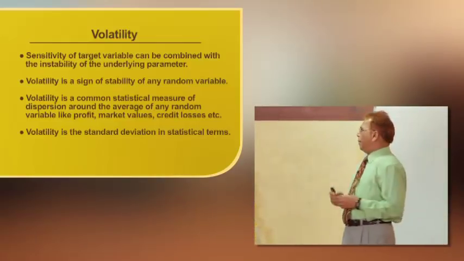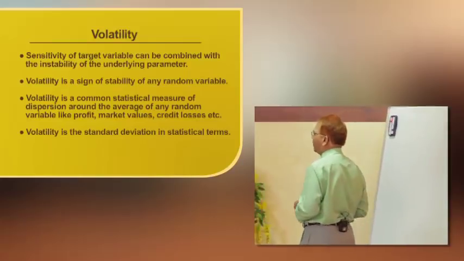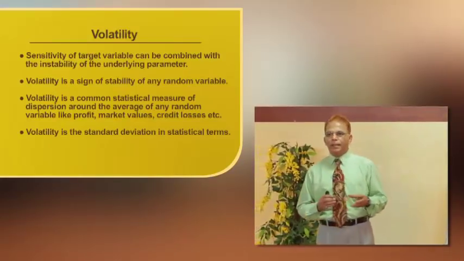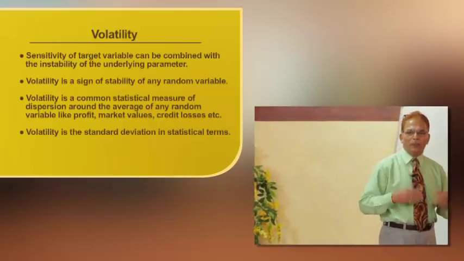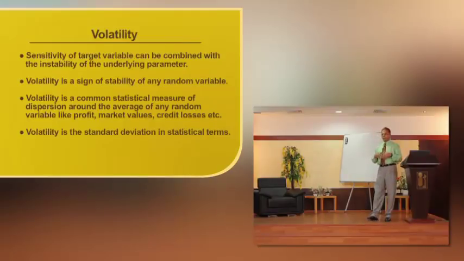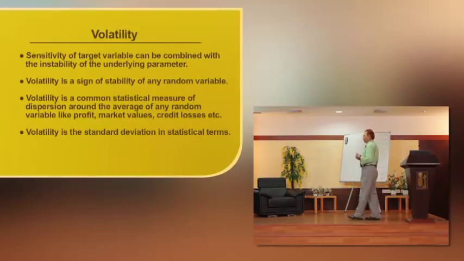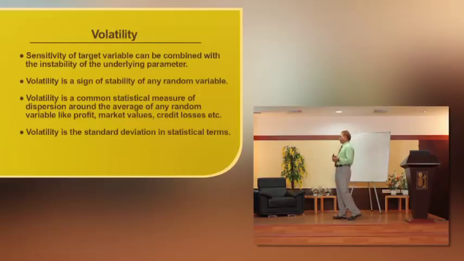So volatility measures the stability of any random variable. If you say the interest rates are volatile, that means there is an upward or downward movement in the interest rates, and it is quite frequent.